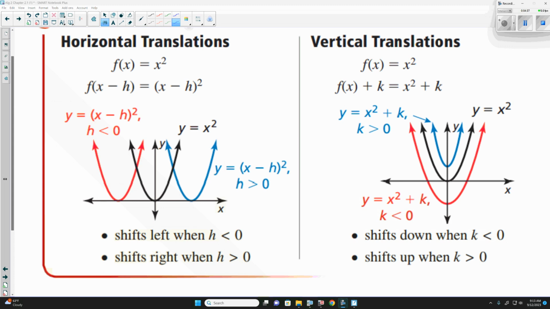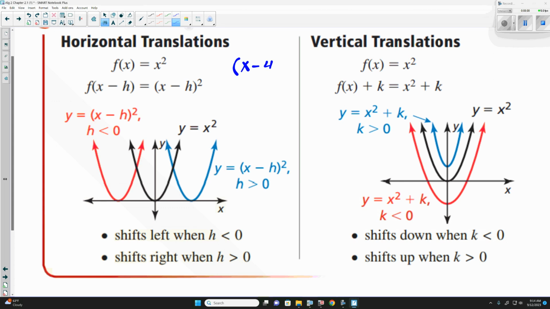So, horizontal translations, left and right. But again, this is talking purely about the value of h, not so much the sign with it.